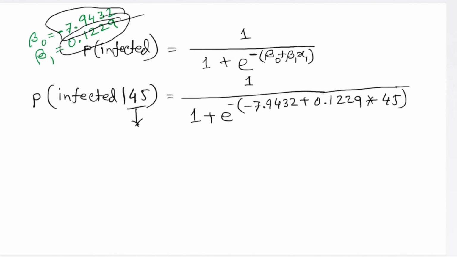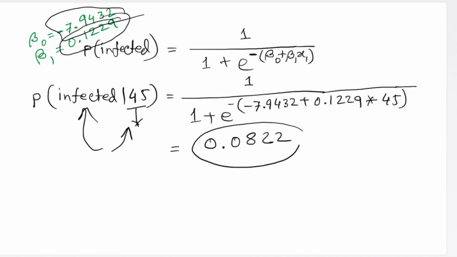So we have 45 here. After pressing the buttons of a calculator, I find that the probability is 0.0822. That means if a person has a blood factor unit of 45, then the probability that the person is infected is this, which is pretty low and far below 0.5. As a result, the person is not considered as infected.